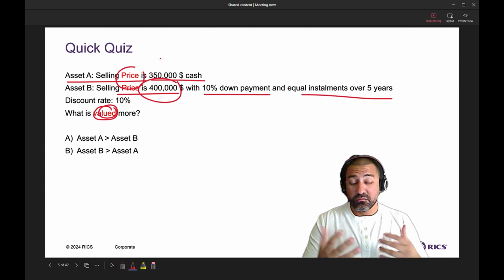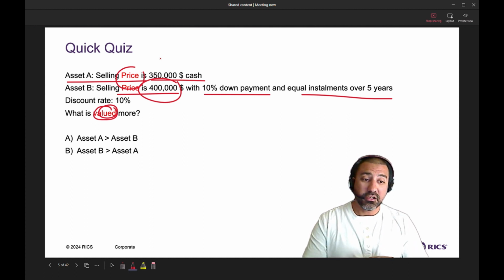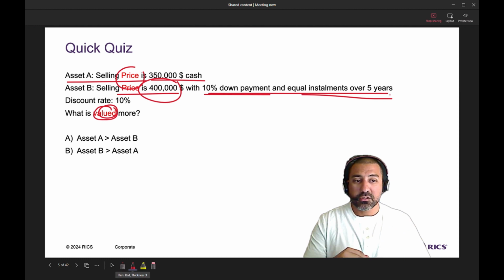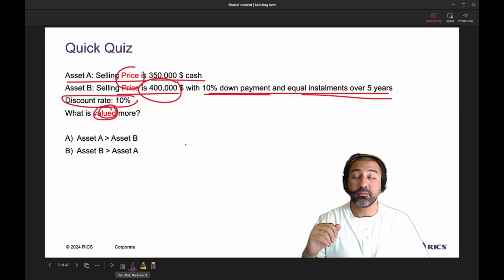But a seasoned valuer who understands the difference between price and value would calculate the present value of these installments given the discount rate, let's say, of 10%. If you do a quick calculation, I don't have the math right now, but we'll have the time to do it, you'll see that this is closer to a present value of, let's say, 312,000, I think. Someone can correct me if I'm wrong.